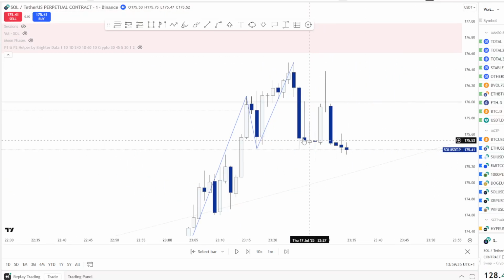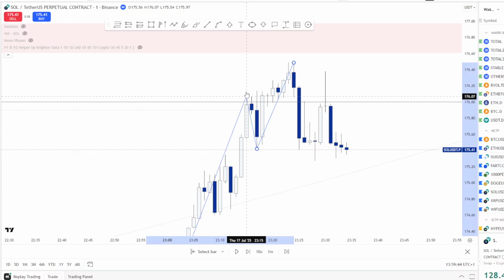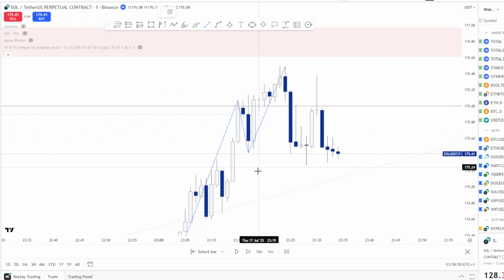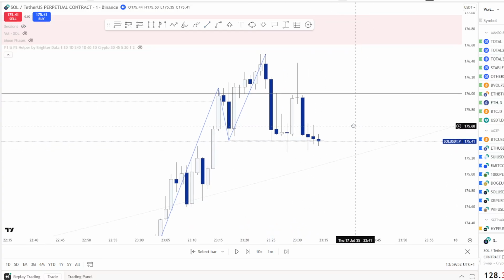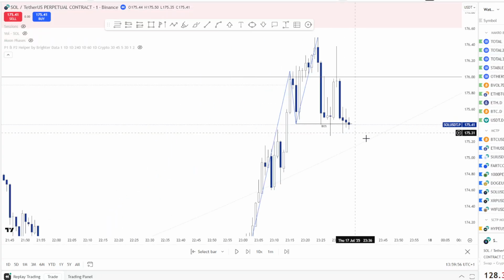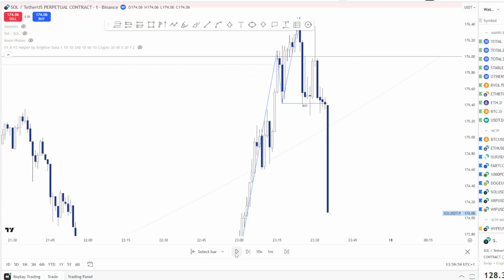Is this valid structure? So we're going up, went down, but took the liquidity from here. So basically this is a poor breakout structure for now.